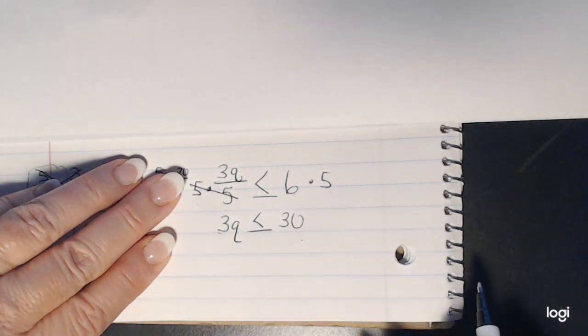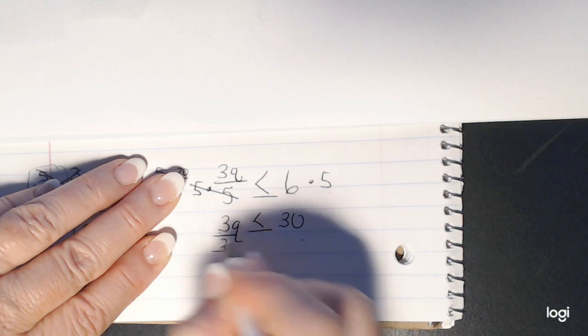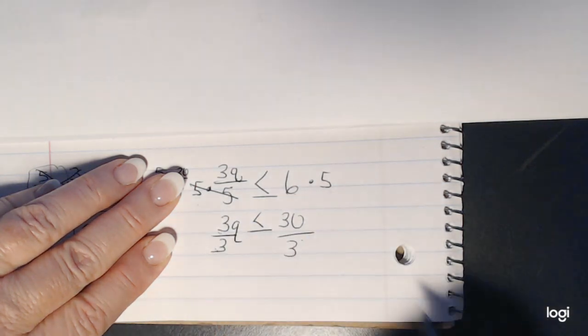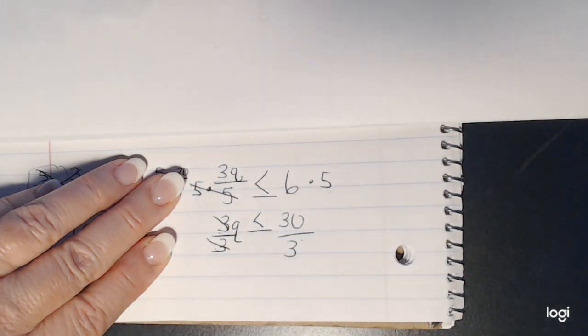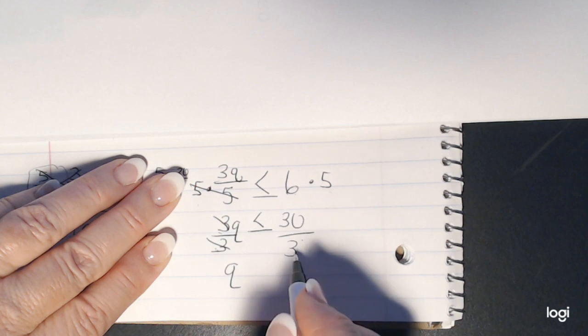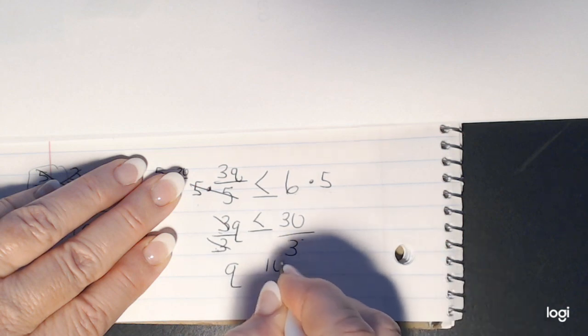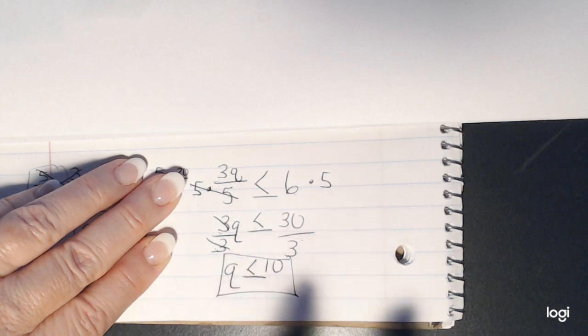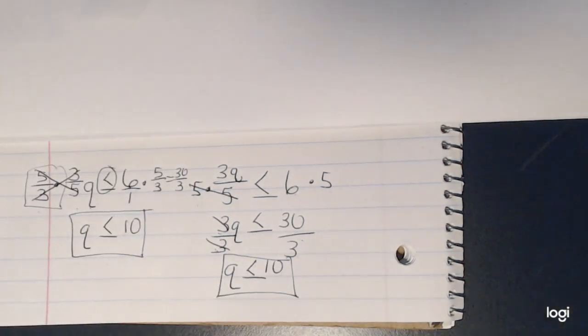Multiplying by 3, opposite is divide by 3. Divide by 3 on this side, divide by 3 on this side. 3 cancels on the left, leaving the letter Q. 30 divided by 3 is 10. Is less than or equal to. Let's see, is this the same? They are exactly the same.